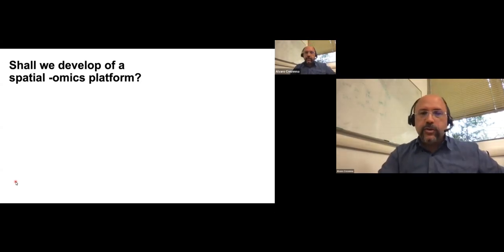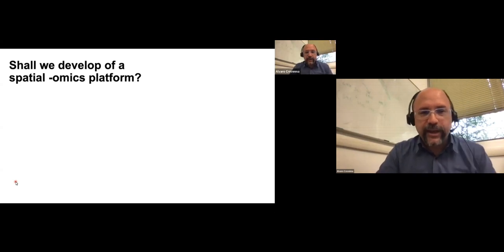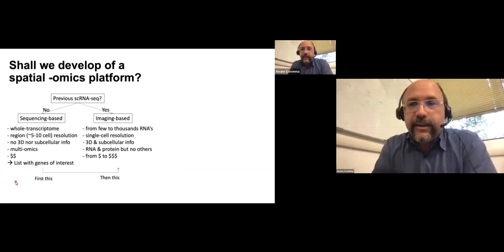Nowadays, single cell RNA-seq is relatively common for transcriptomics, and when people come to me asking for this type of service, the first question is whether there is a previous single cell RNA-seq. If you have done some of that, then you can go ahead and try to design imaging-based methods.